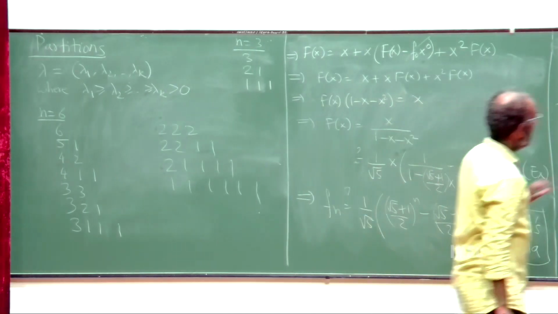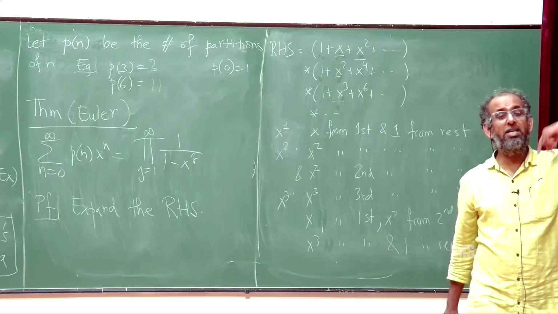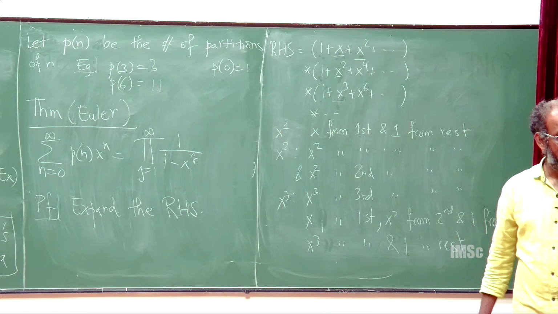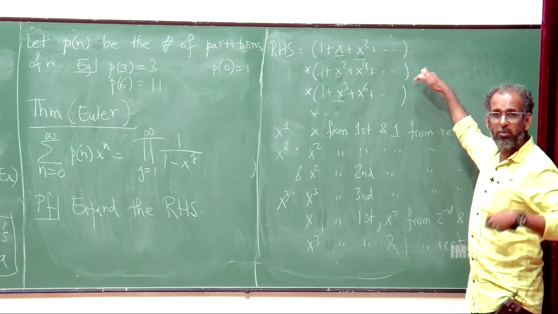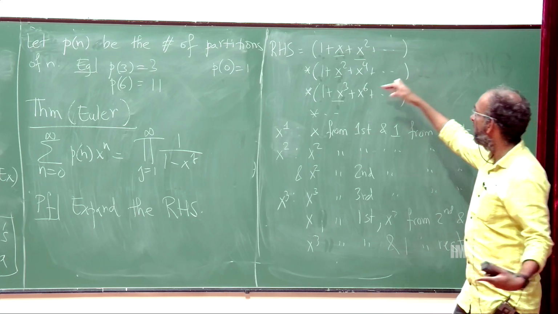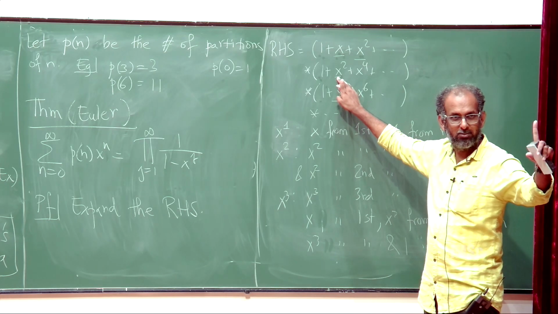I claim that the power of x here tells you how many ones there are. The power of x here tells you how many 2's there are. X squared means there is one 2, not that there are two 2's. Okay?